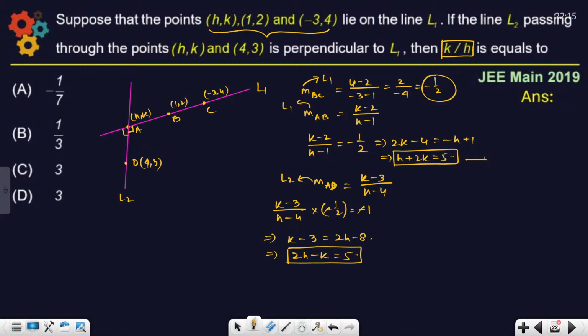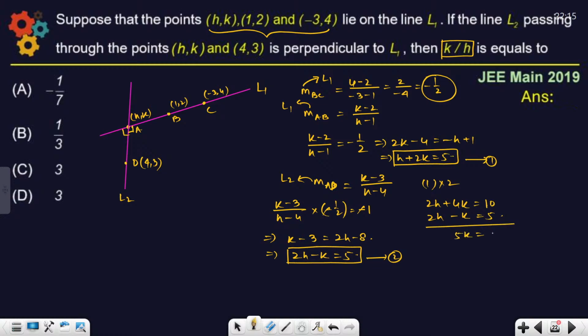First equation we got this. The second equation we got this. Right? So let me just solve for H and K, and that will serve our purpose. So I will simply multiply equation 1 with 2. So what we are getting? 2H plus 4K is 10. And we are having this one, 2H minus K is 5. So simply subtract.